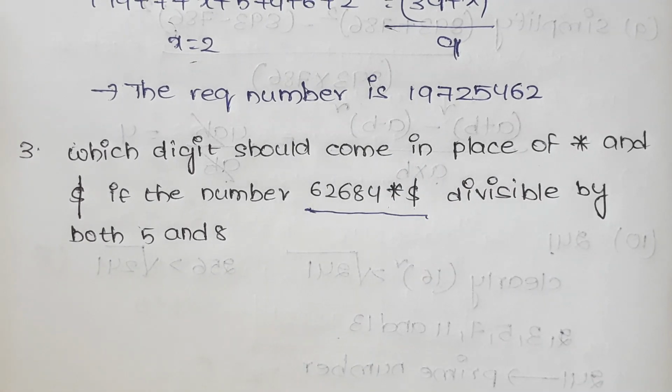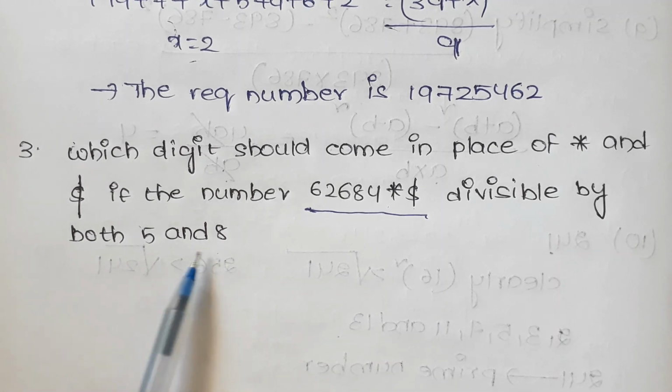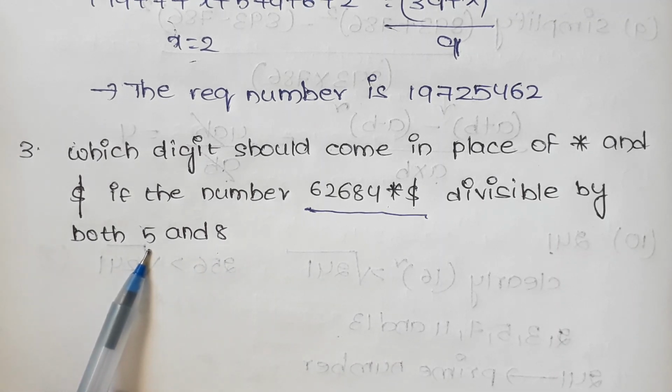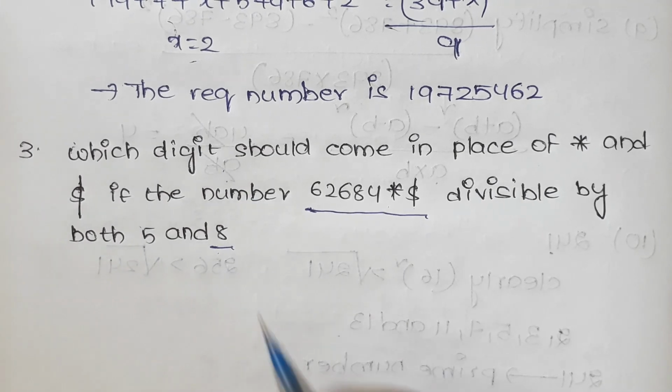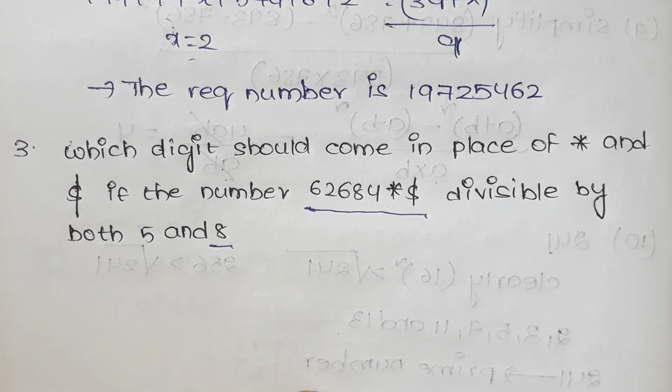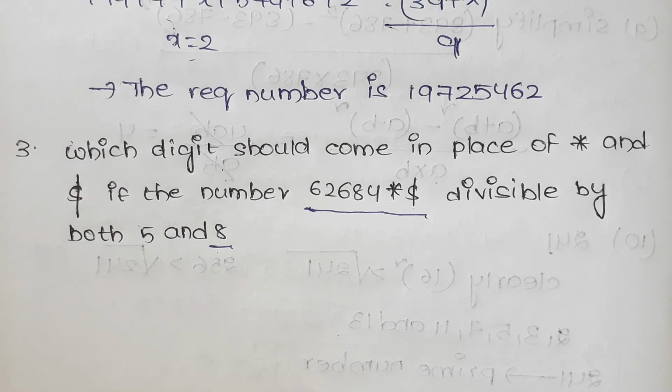So we have to find those two digits and the number obtained should be divisible by both 5 and 8. We already know that the divisibility rule of 5 is the unit place digit should be 0 or 5, and the divisibility rule of 8 is the last 3 digits should be divisible by 8.